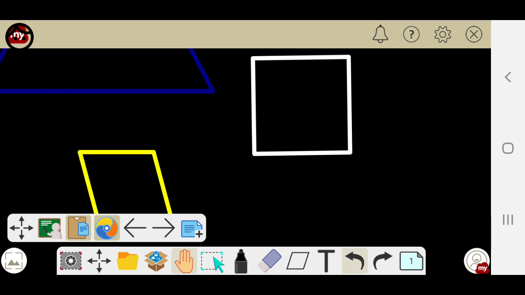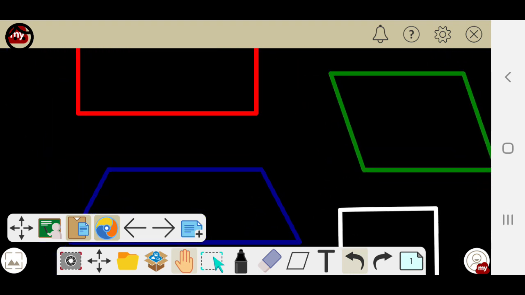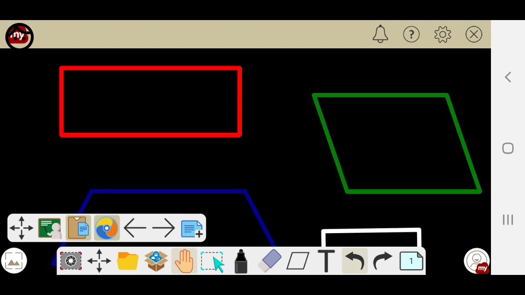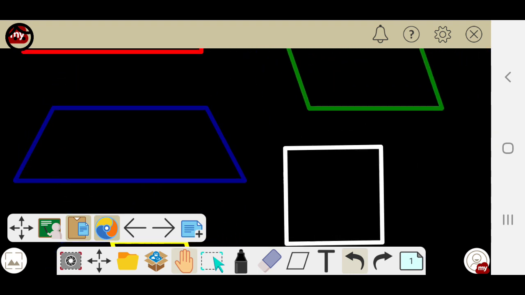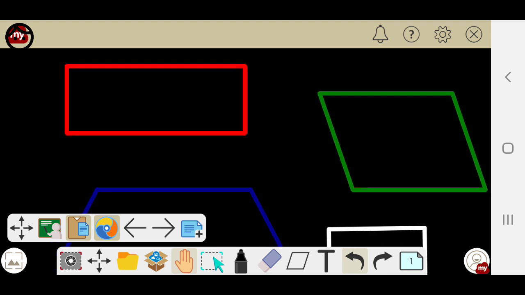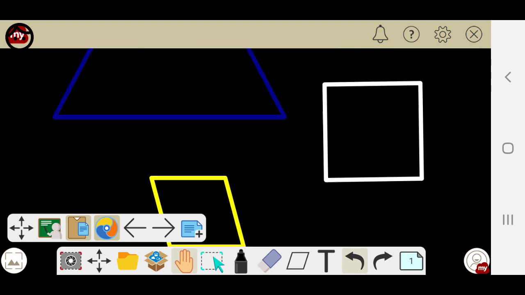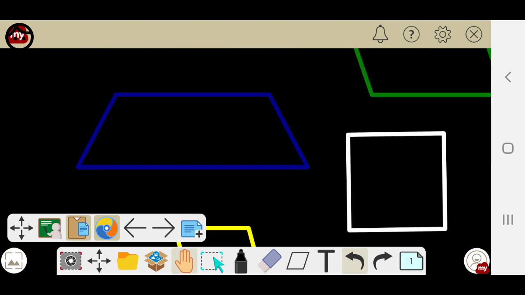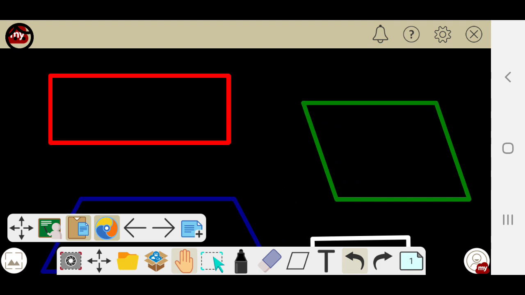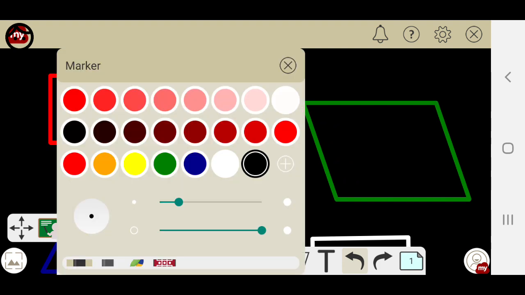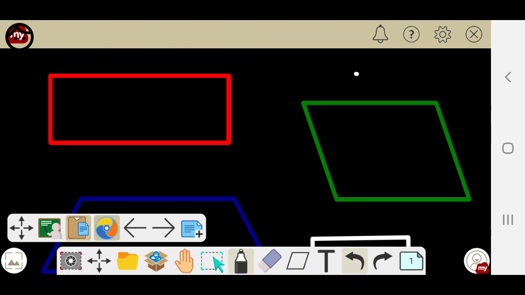Now you can see there are different types of quadrilaterals. Yes, from this what we can tell, these all have different properties. That's why we are calling them differently. Yes, this first one is a rectangle. Then this one is a parallelogram.